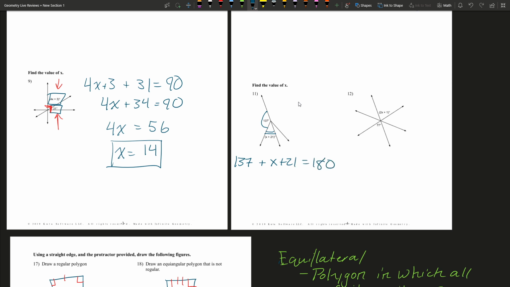And then we do some work and solve for x. So 137 plus 21 is 158. We subtract 158 from both sides to get 22. And then that's our answer.